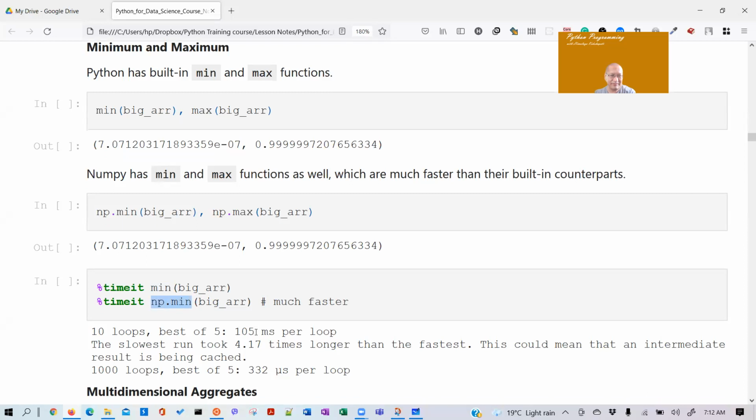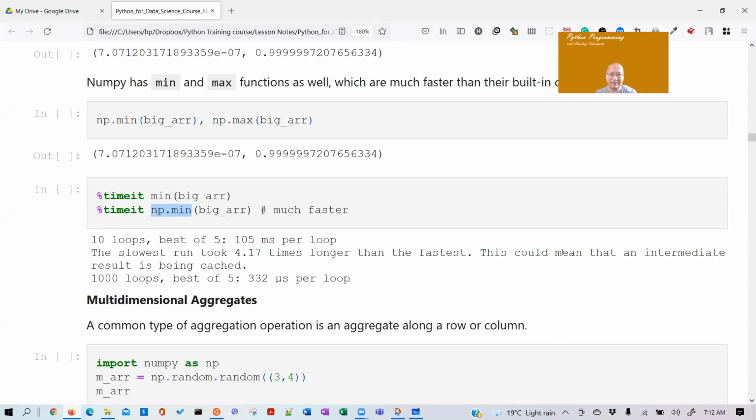You can compare these two yourself, so I'll leave it out.